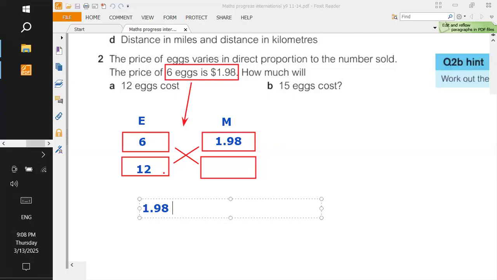So 1.98 times 12. And then take the answer, which is 3.76, this is the answer of multiplying, and divide it by the number that I didn't use. So I'm going to divide it by 6.